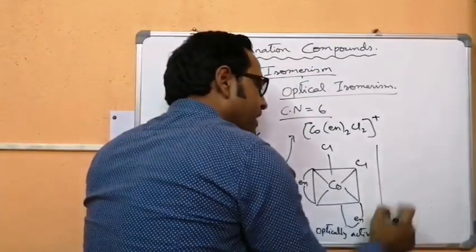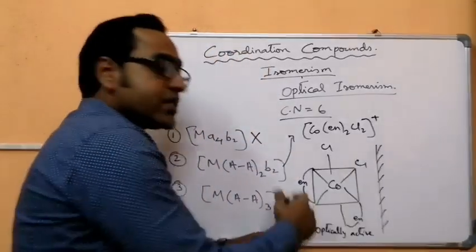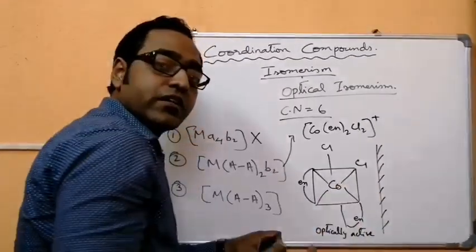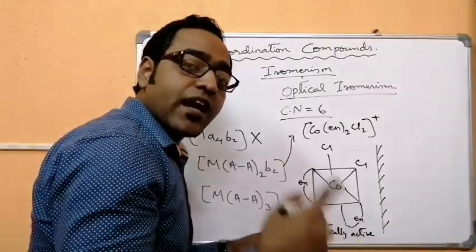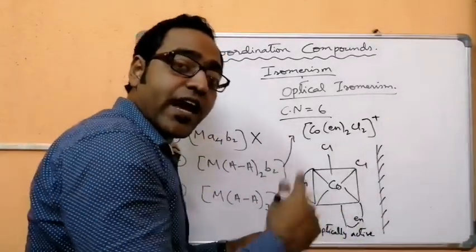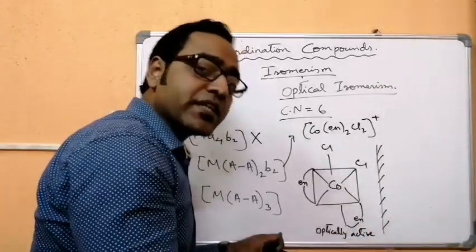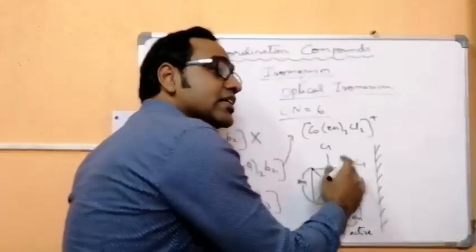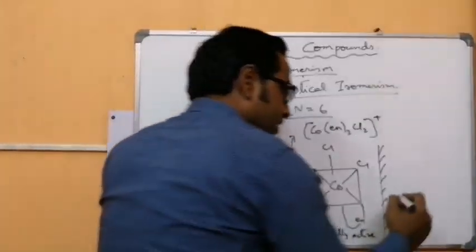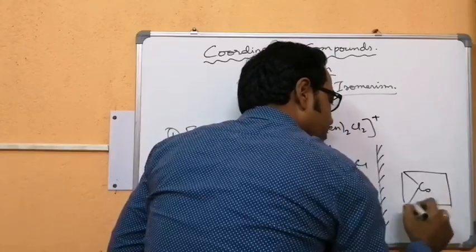So put a mirror plane. Now the mirror image of this compound, enantiomers are optical isomers which are non-superimposable mirror images of each other and which rotate the plane polarized light to the same extent but in opposite direction. That means it is a non-superimposable mirror image. So we have to draw the non-superimposable mirror image.